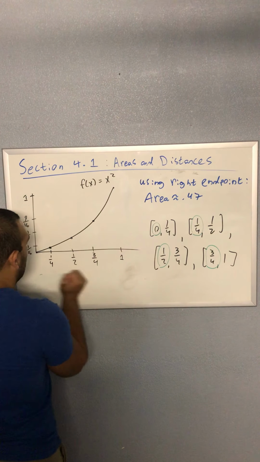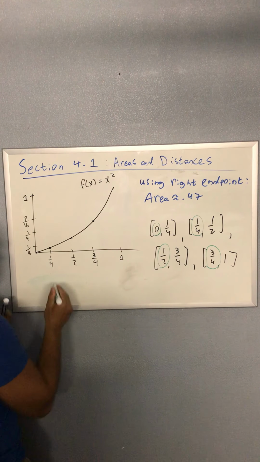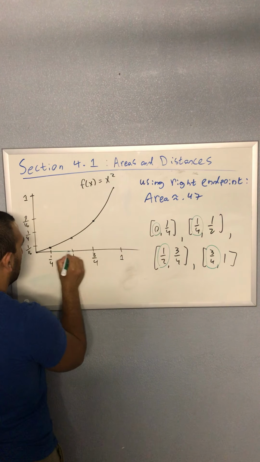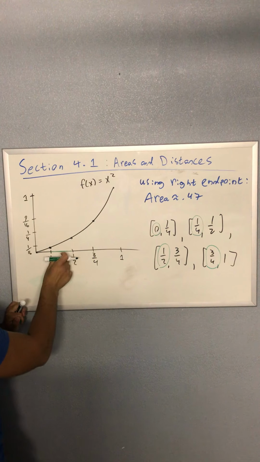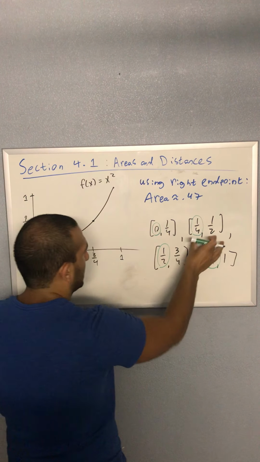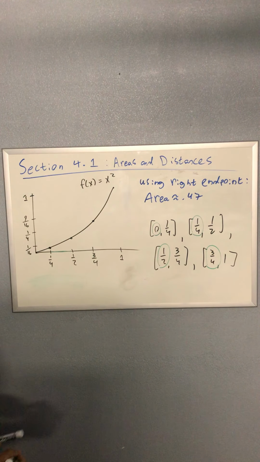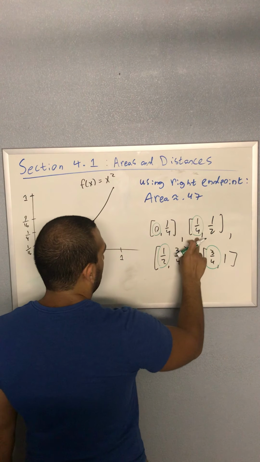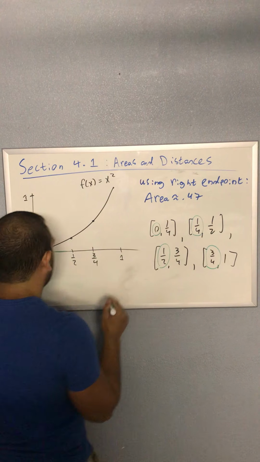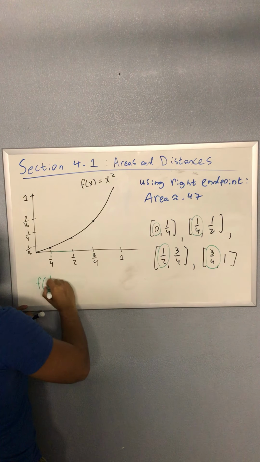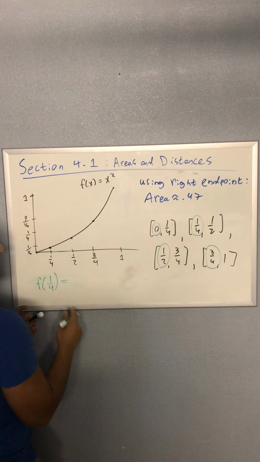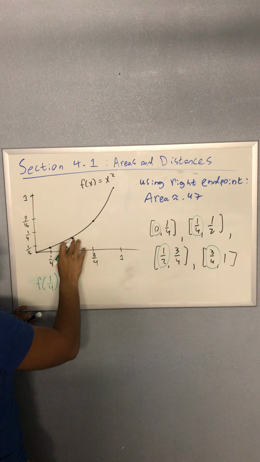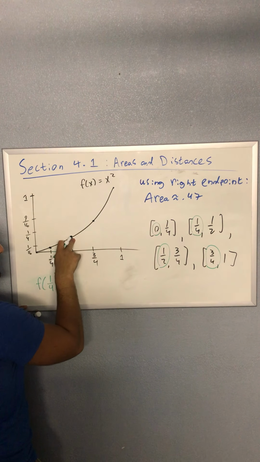Okay. Next up, now we get something. Now we get this interval, 1/4 to 1/2, this guy here. And then we're going to take the height of the rectangle to be the value here. So f at 1/4. Remember last time we did the output at 1/2, so that's why we went up to here.